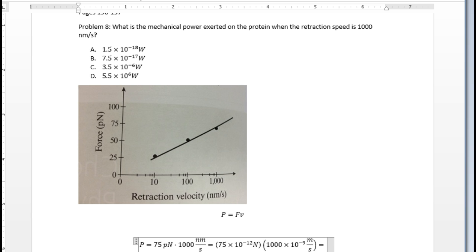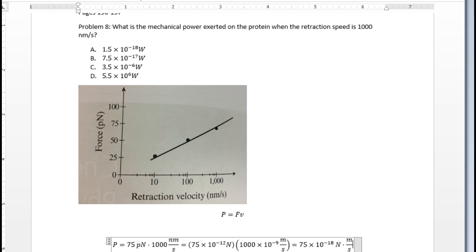So we've got 10 to the minus 12 times 10 to the minus 9th is 10 to the minus 21 times 10 to the third, which gives us 10 to the minus 18 times 75, so 75 times 10 to the minus 18, and this is newton meter per second, right?